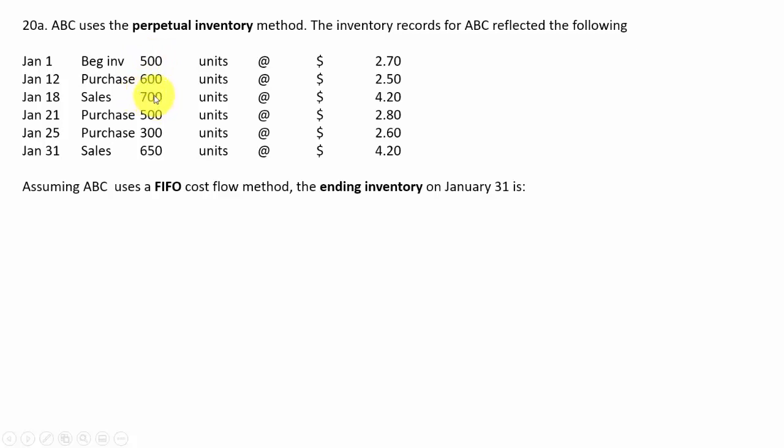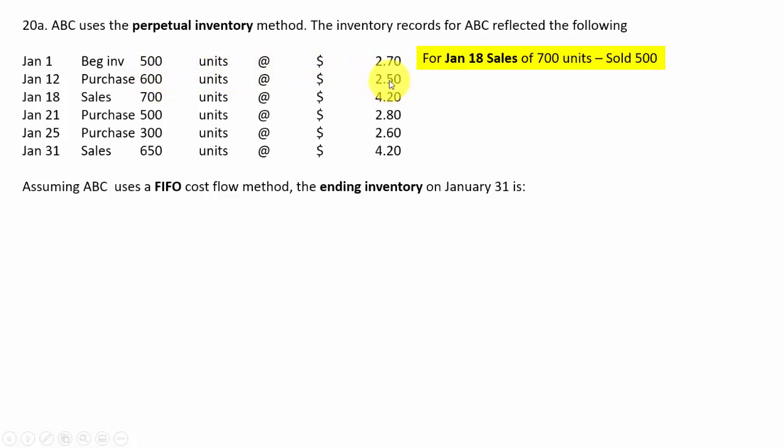We sold 700. So let's go through, and so if we sold 700, that means the first 500 are going to come out of this batch, so they're all gone. And again, we want to know ending inventory, not the cost of goods sold, but the ending inventory. So all 500 of these are gone. And then from that 700, you got 200 left to sell. Well, 200 will come out of here.